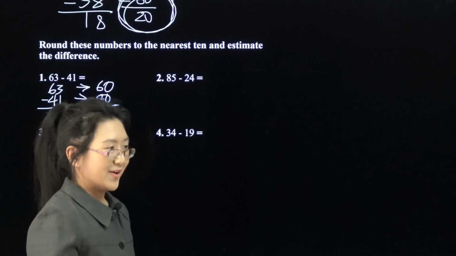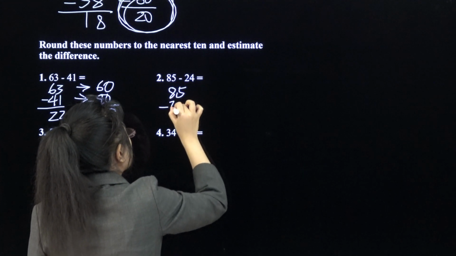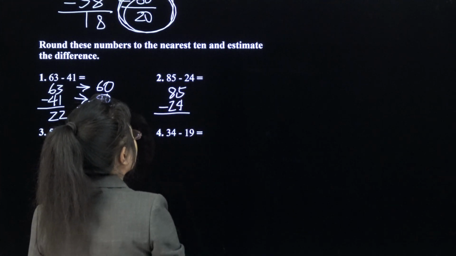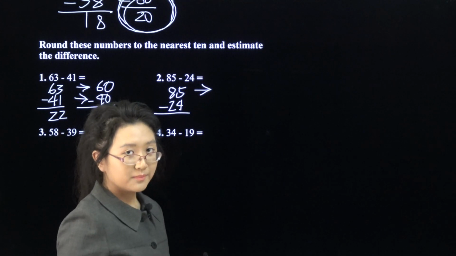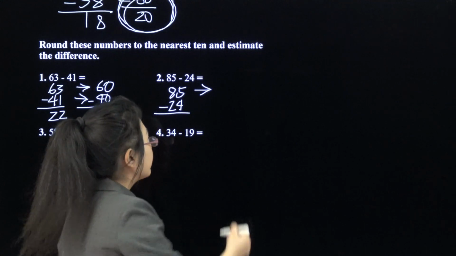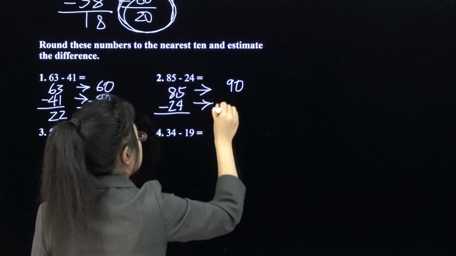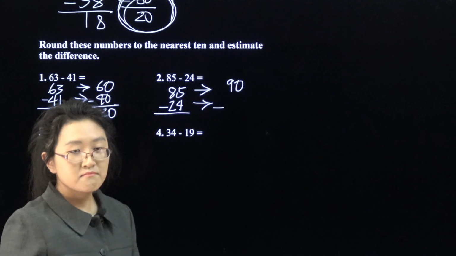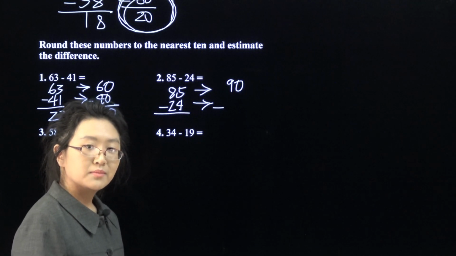85 minus 24. 85 has 5 in its ones place, which means that if we are rounding to the nearest 10, we round up, and we get 90. 24, though, has 4 in its ones place.